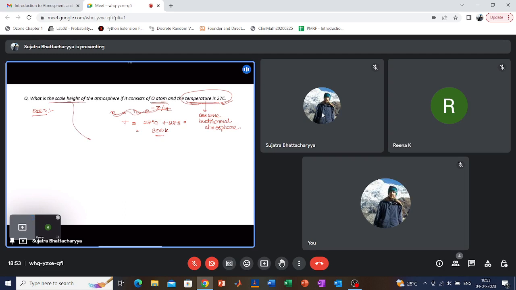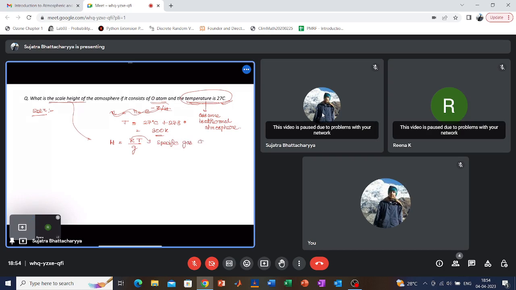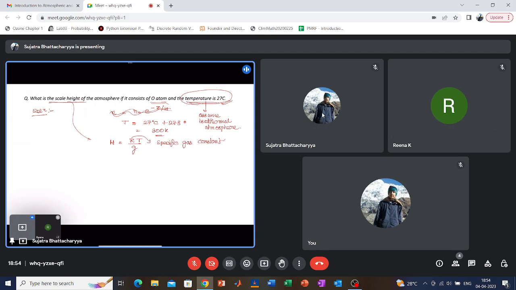So what is the scale height expression? Scale height expression is RT by g. Now this R is the specific gas constant. You have to remember this. It will vary: if the gas constituents vary, then this R will also vary. Now how will I calculate this R?